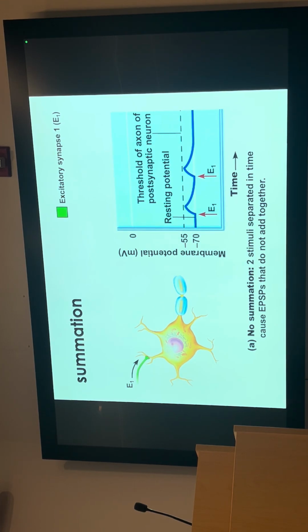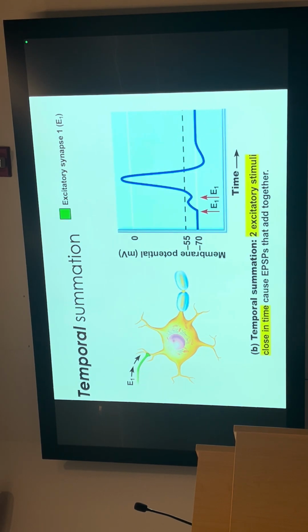If nothing else happened, if a signal came, released a little neurotransmitter, it caused some sodium to go in, we spike up a little bit, depolarize, it would just come back down. The sodium-potassium pump would spit out the sodium and bring it down. But maybe another stimulus comes and brings us up again. Watch what happens if they happen close enough together. See how they're closer together? There's that temporal summation again, tempo. The stimuli come a little faster, one after another.